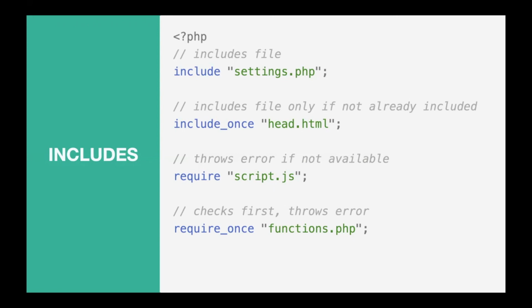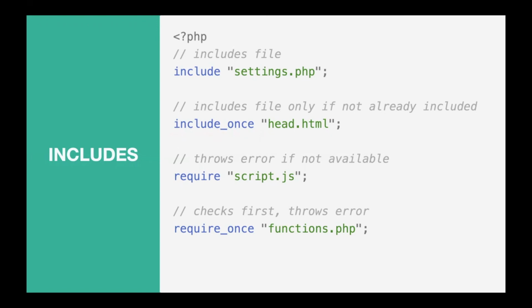Now, if we get a rather complex file, and we want to make sure that we're not including the same file multiple times, in this case, head.html, we don't want to have more than one head tag in our HTML file, we might want to use include once.